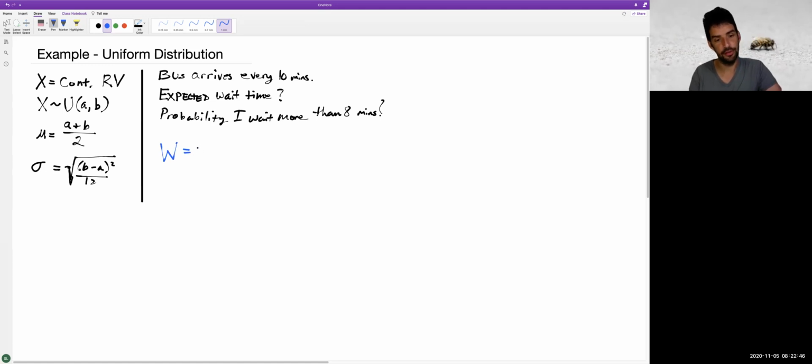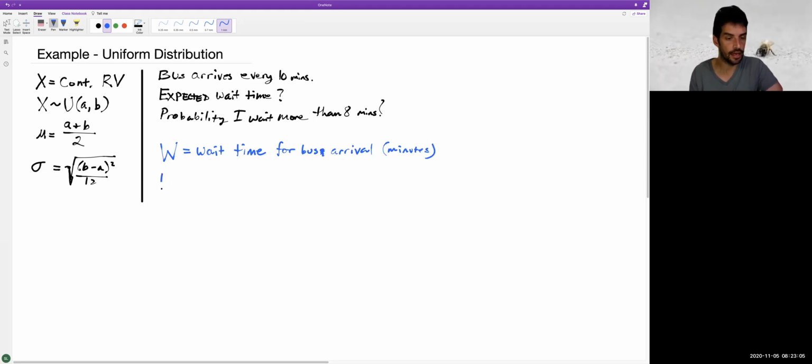Okay, so I'm going to start by defining a random variable. I'll use W. That's going to be the wait time for bus arrival. And I should say this will be in minutes. And we're going to assume that W follows a uniform distribution.